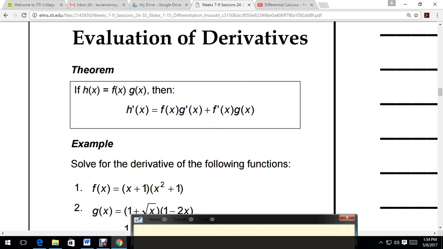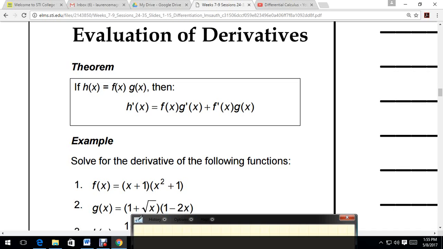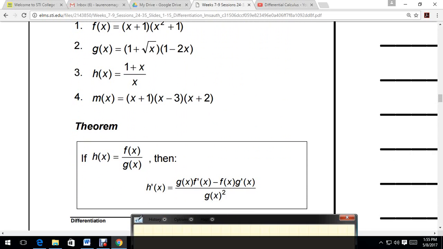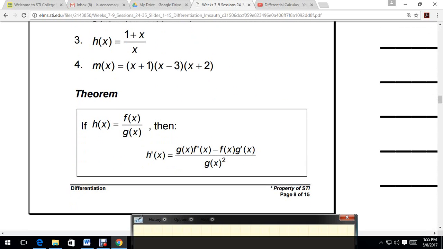We refer to them individually as the derivative of a product, of the form h of x is equal to f of x times g of x, and the derivative of a quotient, wherein the form is h of x is equal to f of x over g of x.